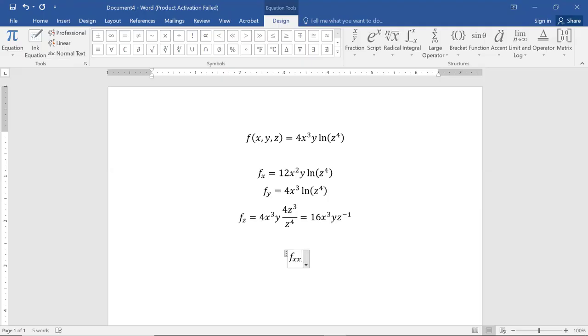All right, let's do f sub xx. Okay, so I take first derivative with respect to x, take another derivative with respect to x. I'm going to get 24x to the first times y times natural log of z to the fourth.